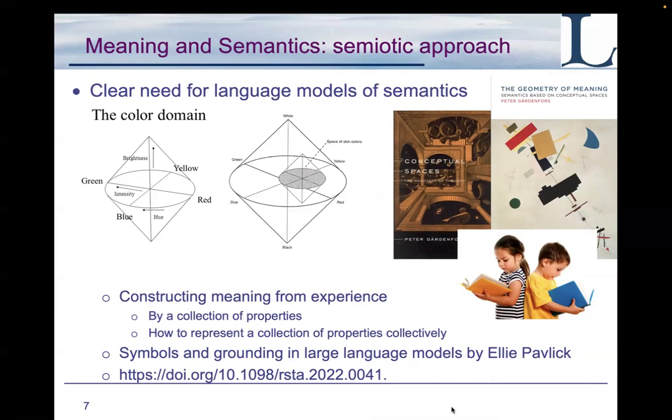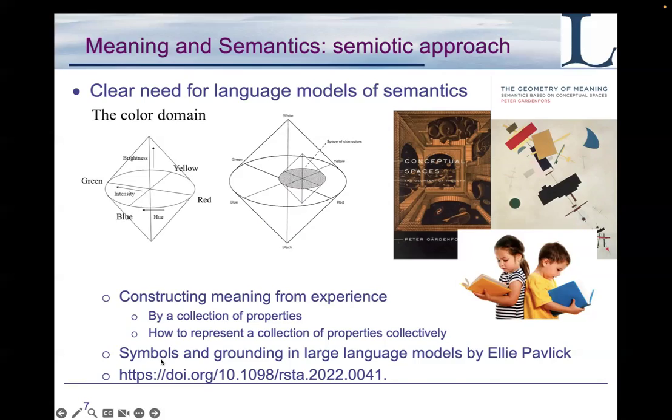Both are about the same topic, conceptual spaces or the geometry of meaning. They were written by a Swedish scientist from Lund, Peter Gärdenfors, who is now retired but still active. An interesting approach, so think about it.